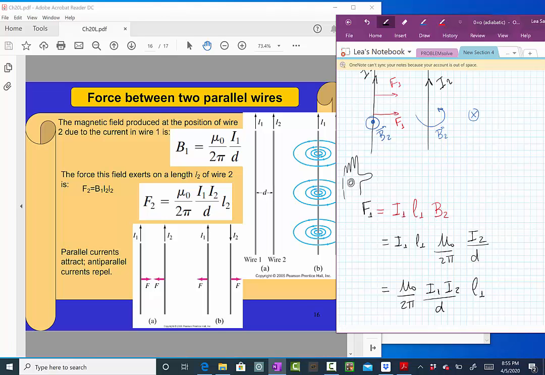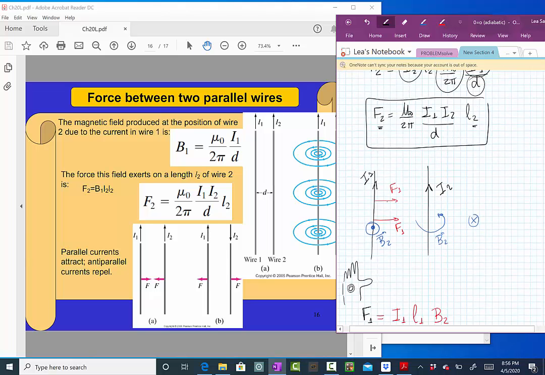From this exercise we found the magnitude of this force. So this force depends on the two currents, the distance between them, and the length of each wire. F2 depends on the length of wire 2. F1 depends on the length of wire 1. What is an interesting thing that we found?